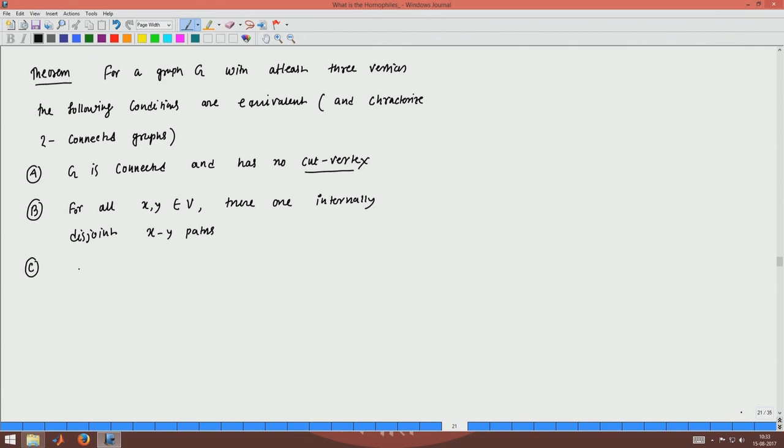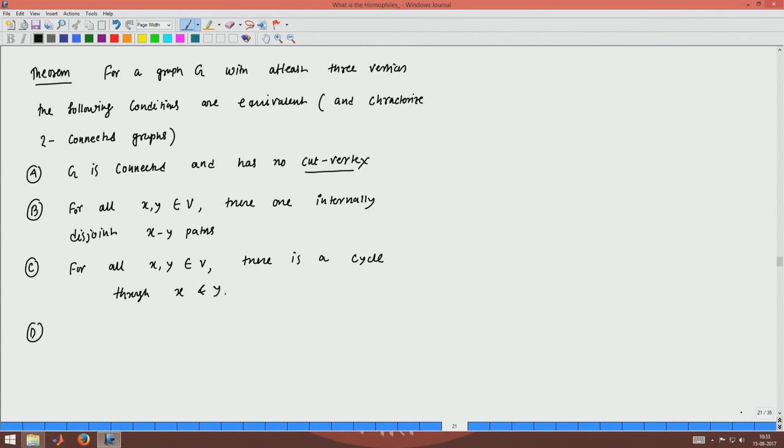Condition C, for all pairs of vertices x, y belonging to V, there is a cycle through x and y.